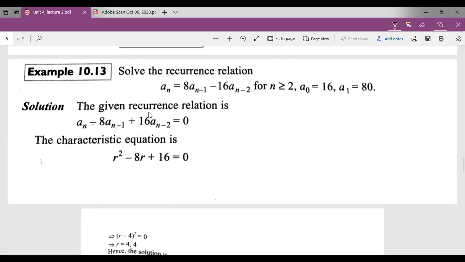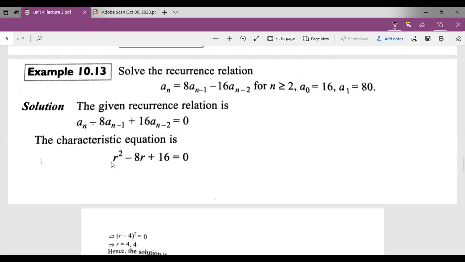So the given recurrence relation is an minus 8 an minus 1 plus 16 an minus 2 is equal to 0. So the degree of the recurrence relation is 2. The characteristic equation of this recurrence relation is r square minus 8r plus 16 is equal to 0.